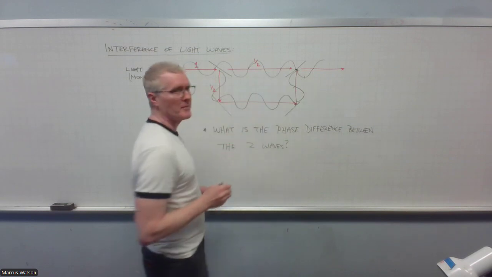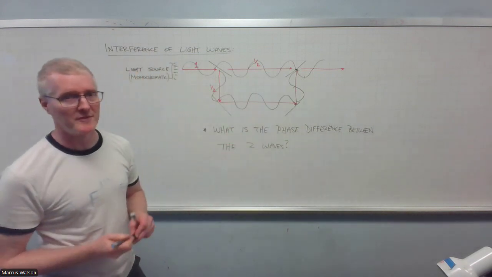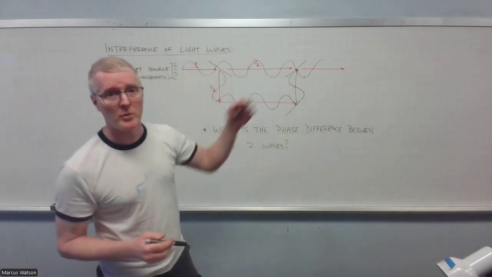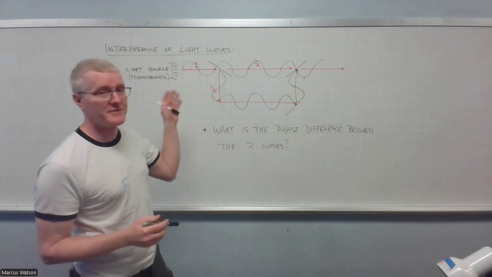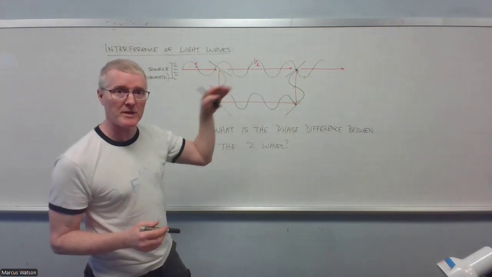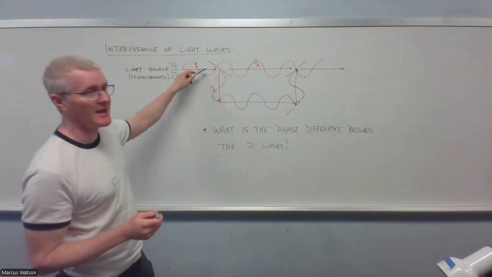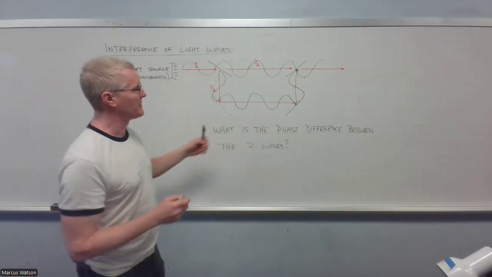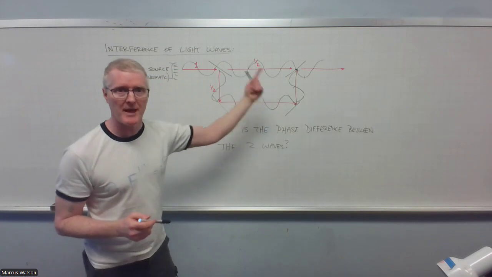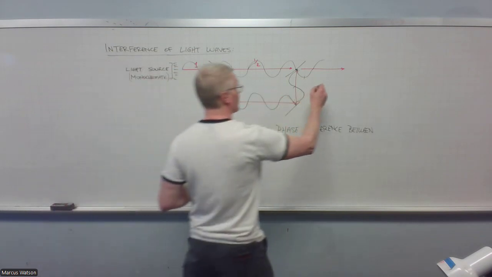After they get back to that point, what's the phase difference between the 2 waves? So here I've demonstrated one way in which waves can have different phases when they recombine. This is known as a path length difference. This wave just traveled a longer path. So this is called a path length difference.